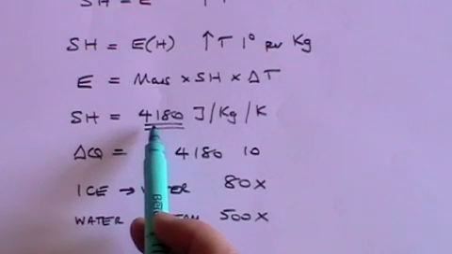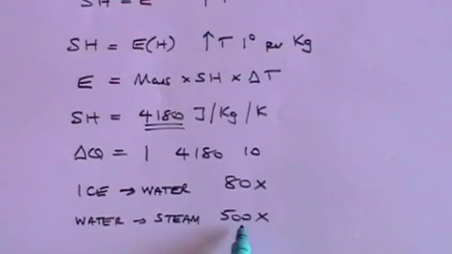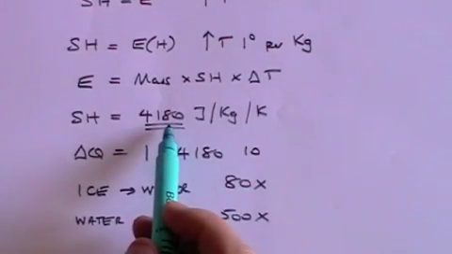Once you got it to 100 degrees centigrade, if you want the water to boil, you have to put in 500 times this amount of energy, which means you're putting in 5 times as much energy just to get the water to change from water to steam as you had to put in to get the water to go from freezing point to boiling point.